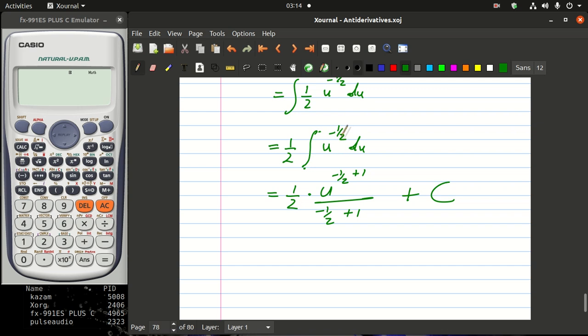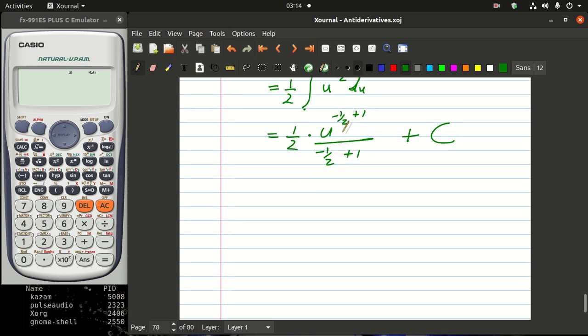So this whole thing is just the most general antiderivative. We will end up having 1 over 2 times u, and then 1 is the same as 2 over 2, and then 2 minus 1 is going to be a 1, and then I have to keep the 2.